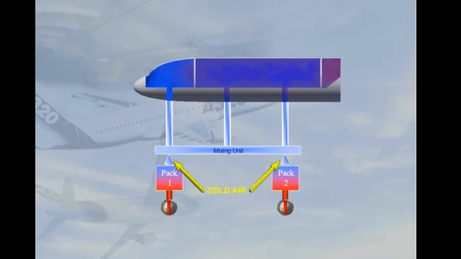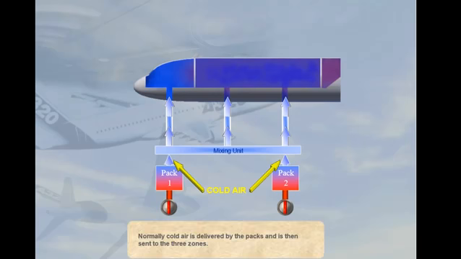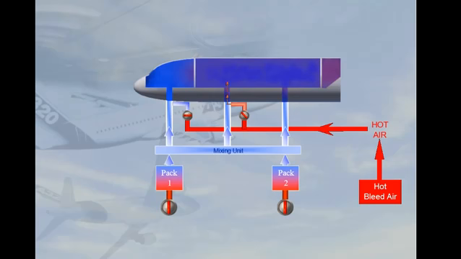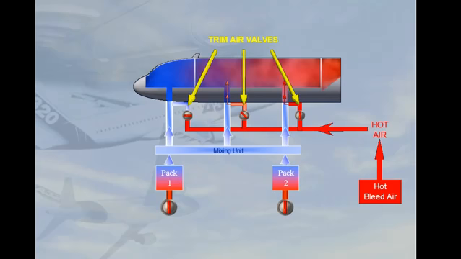Normally, cold air is delivered by the packs and is then sent to the three zones. Since the different areas of the aircraft may require different amounts of cooling or heating, hot bleed air can be added via trim air valves to obtain the demanded temperature for a zone.